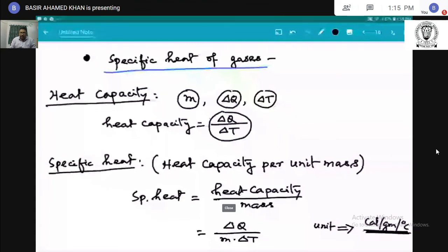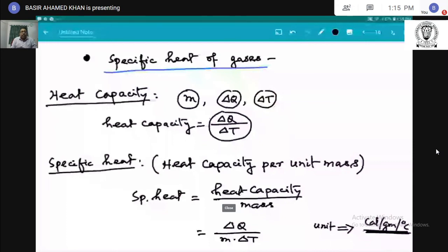This is the unit of specific heat. Now this is the general definition of specific heat of any material.